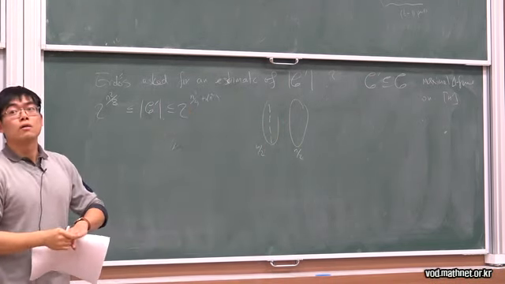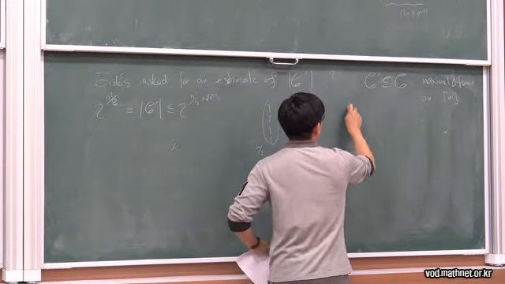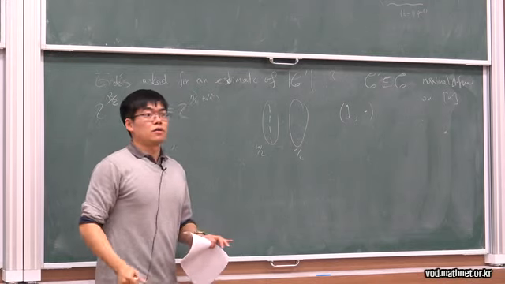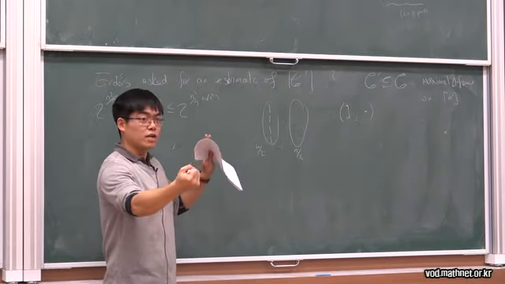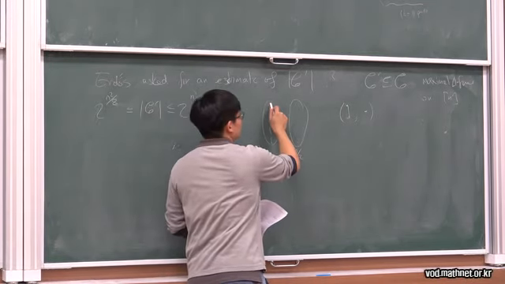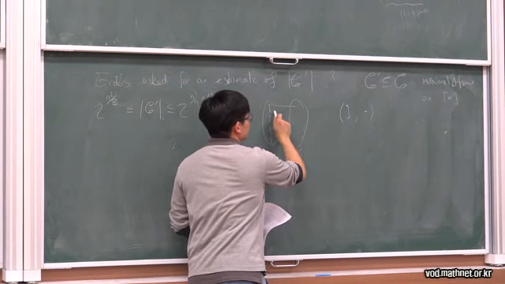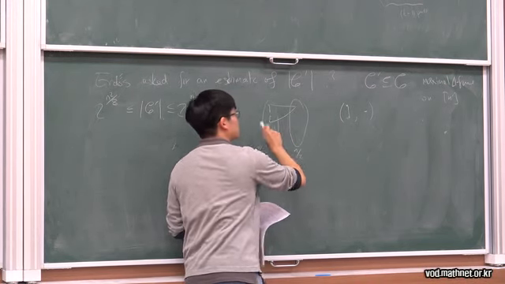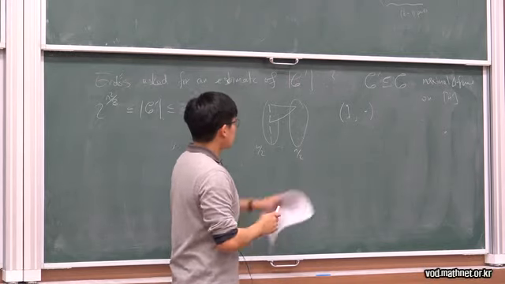Now, for every pair consisting of an edge from the left-hand side and a vertex from the right-hand side, we put exactly one of these edges. Okay, for every pair. For example, here I choose the second edge. You do this. Now, how many such pairs?